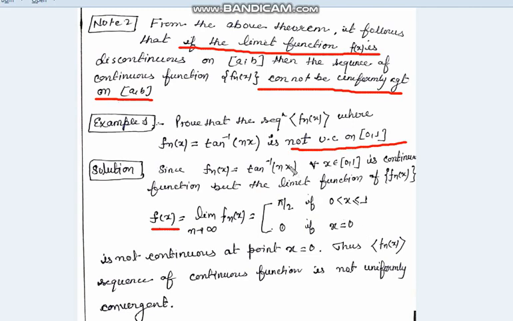Because if x is not equal to 0 and at most 1, then when n goes to infinity, tan inverse nx goes to pi by 2. So when x is not equal to 0, the limit is pi by 2, and when x is equal to 0, its limit is 0. So f(x) is pi by 2 when x is greater than 0 and less than or equal to 1, and at x equal to 0 it is 0.